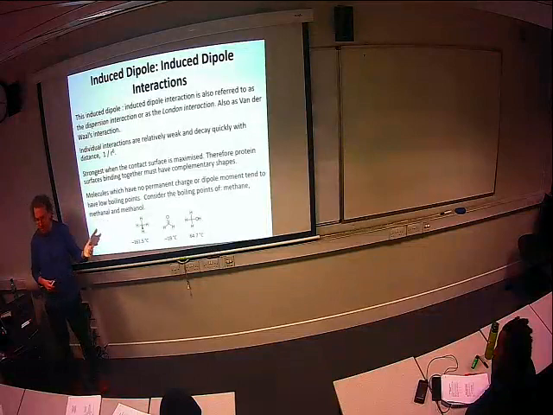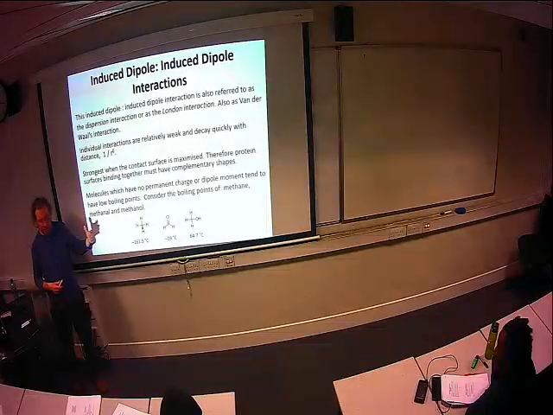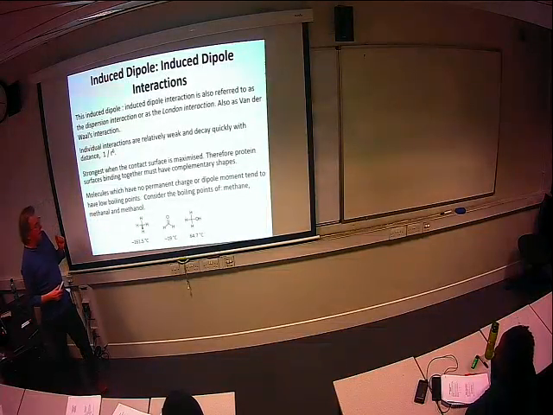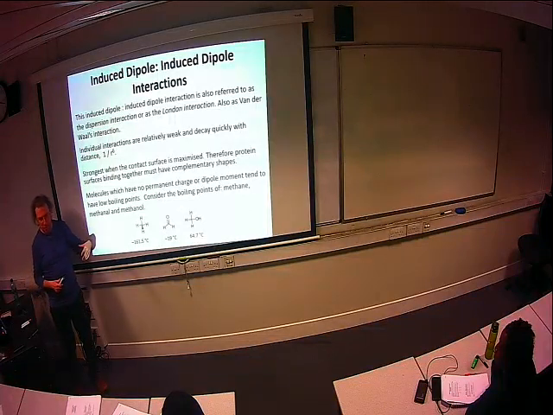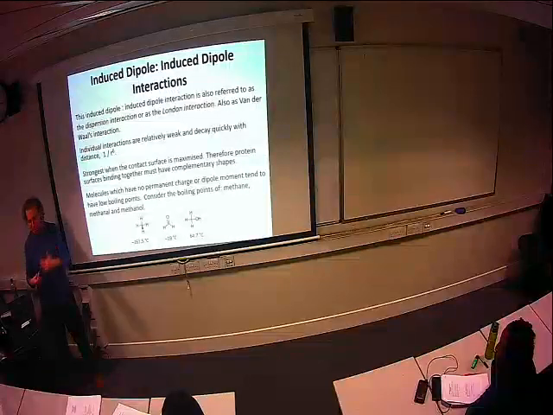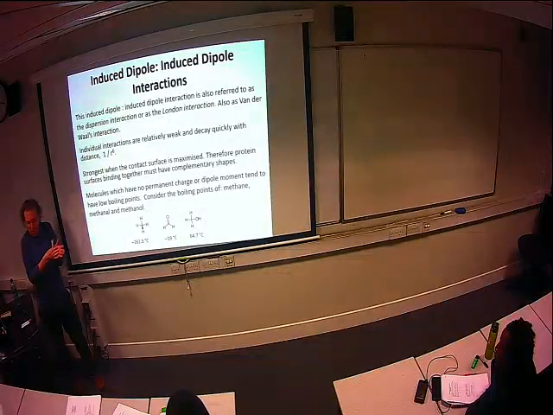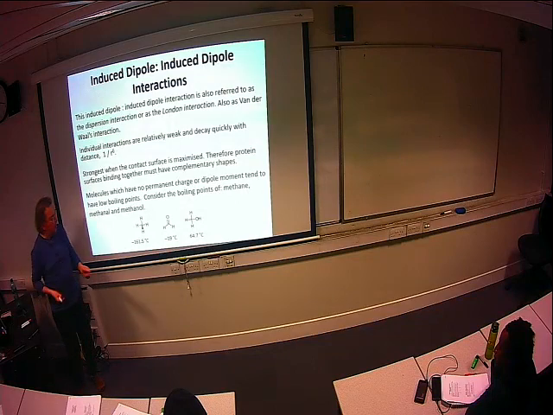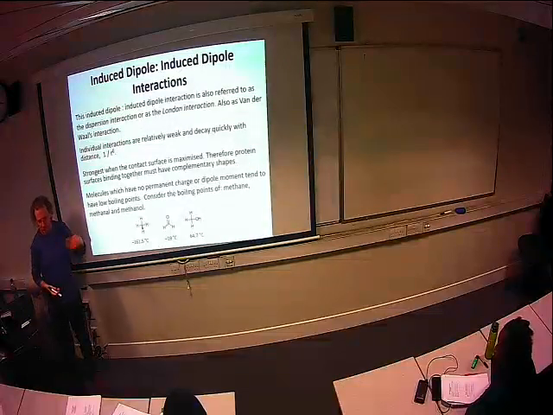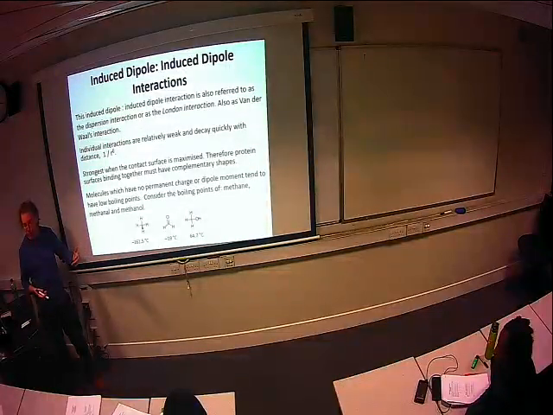A consequence of this, just in terms of small molecules, is that if you have a non-polar molecule which doesn't have a significant permanent dipole, the molecules can only be held together by weak forces, so they will have very low boiling points.